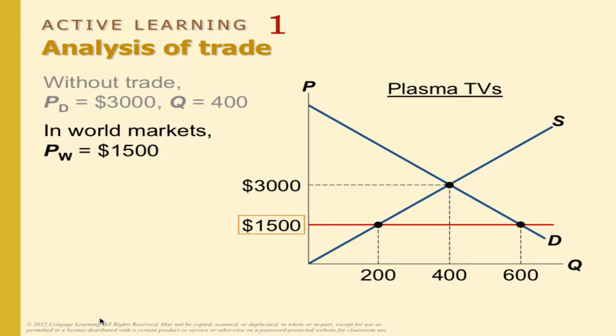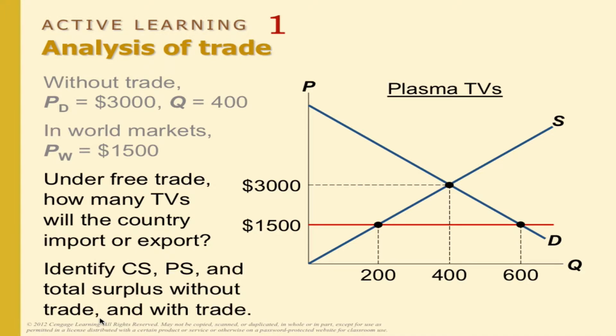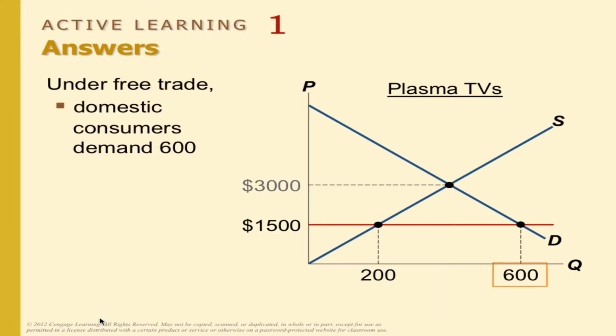So we were looking at world trade. In the world market, the price is $1,500 for a plasma screen TV. So how many TVs will we import or export? We figured that out. We said that domestically, consumers want 600 TVs at $1,500.